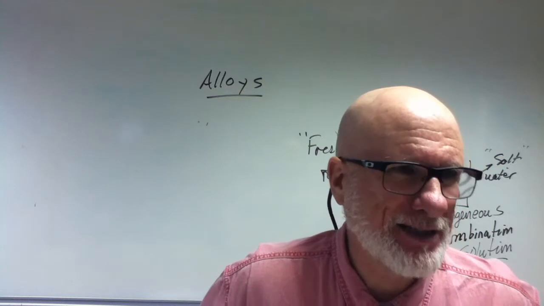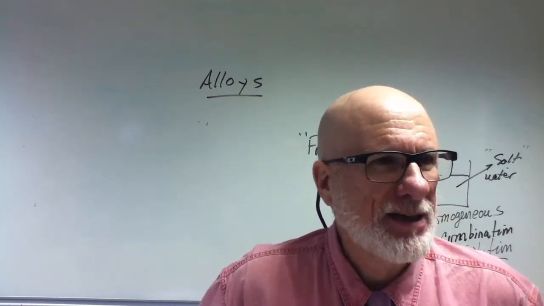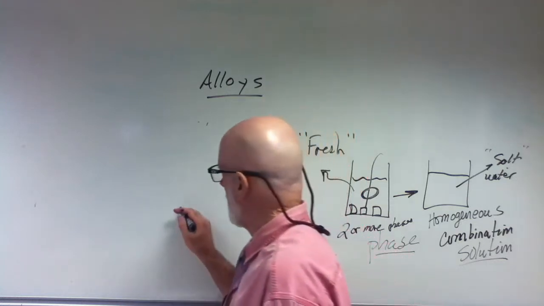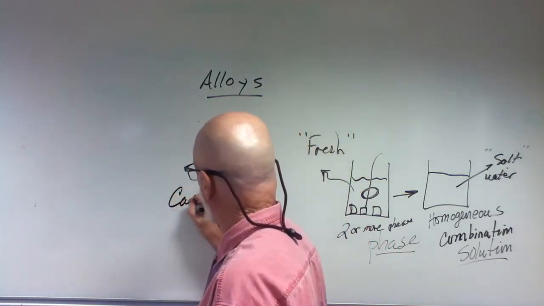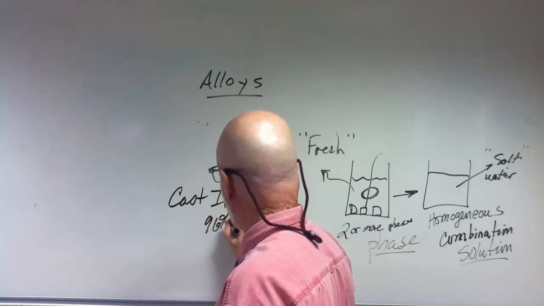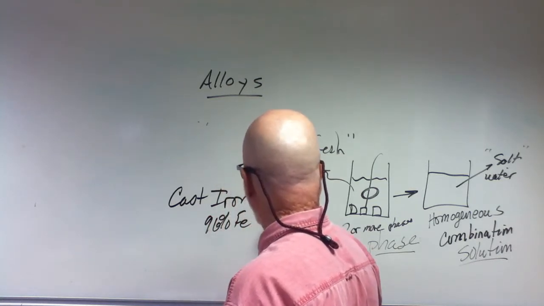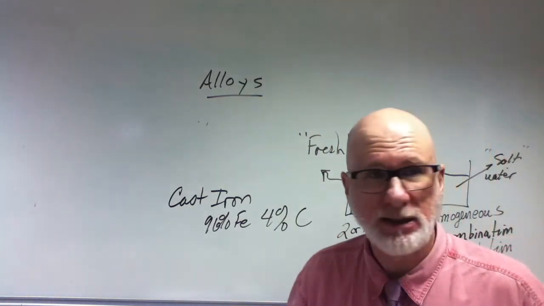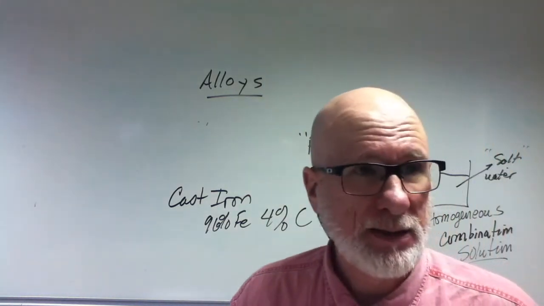But then you have the normal ones, the common ones, like steel. Well, there's different kinds of steel. What does it say in the book? Cast iron. Stainless steel is like 96% iron and 4% carbon. People don't realize that steel is actually carbon.